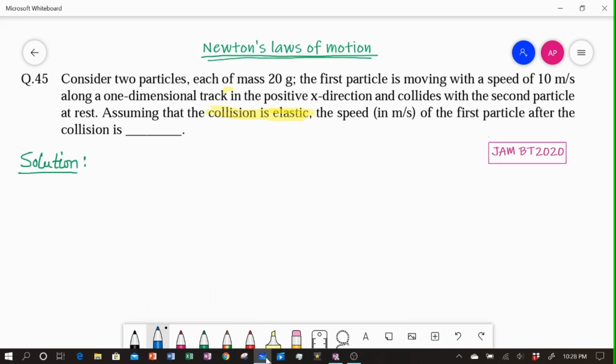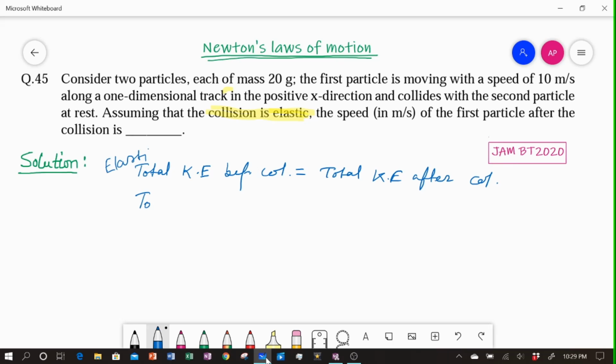So for elastic collision, we know that the total kinetic energy before the collision is equal to total kinetic energy after collision. Okay, again we know that this is for elastic collision.